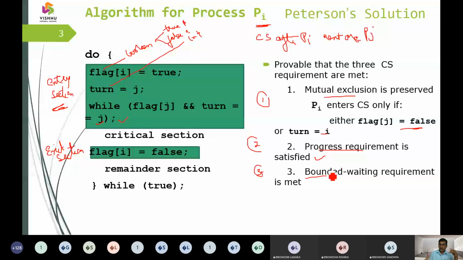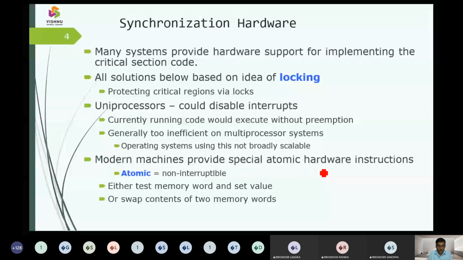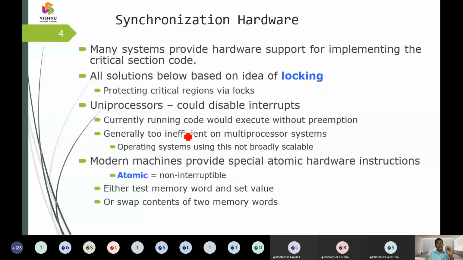And the next one, mutual exclusion: Pi is going to be inside the critical region, and Pj is going to be waiting. That is what we illustrate in this algorithm. So Peterson's solution has been extensively used as a synchronization mechanism. That is fine.